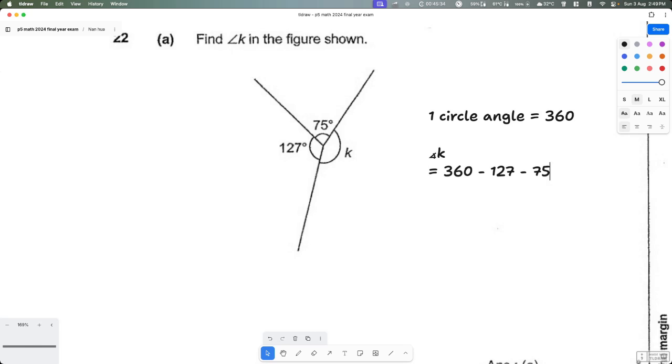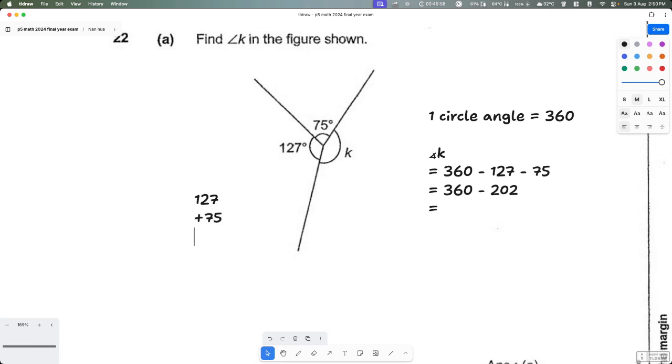So from here we can say 127 plus 75 is 202, right?